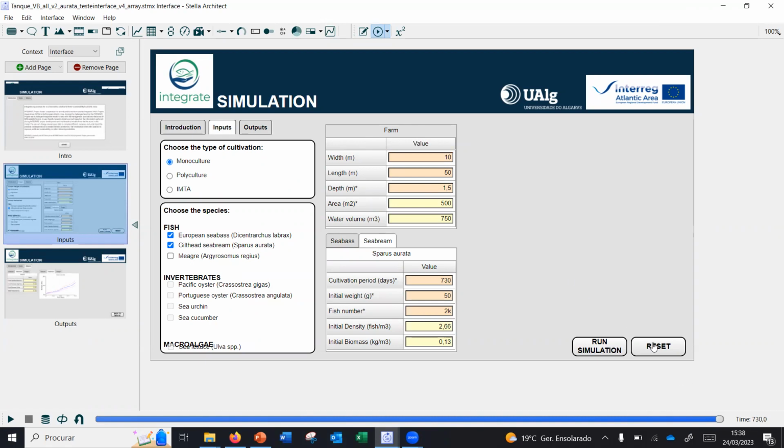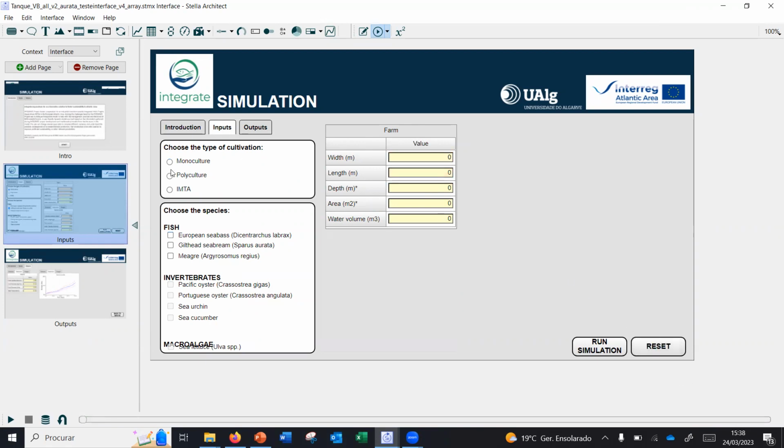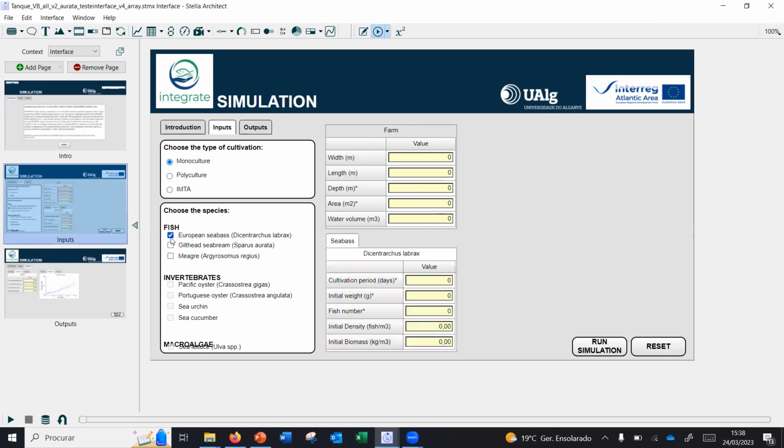I will reset here and start again. So monoculture, sea bass and sea bream. No, it's a monoculture, so you can select one. I'll put here polyculture, and 2 species. And so the size of the ponds in meters.